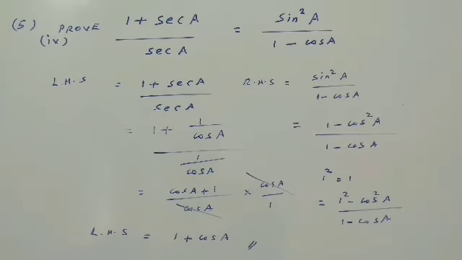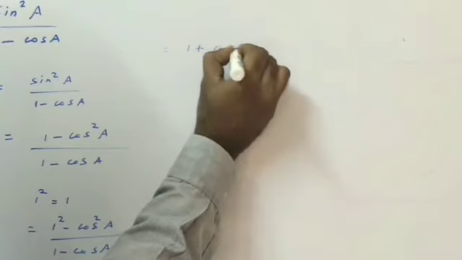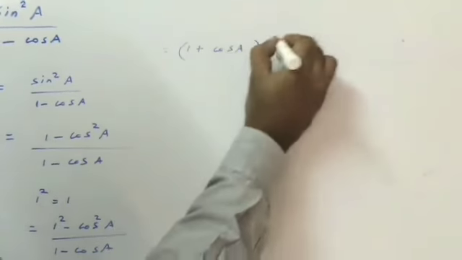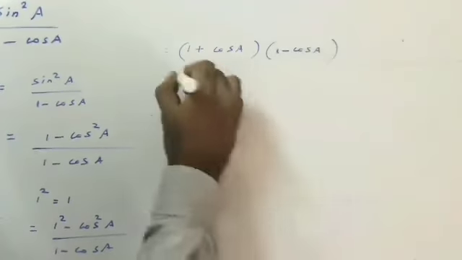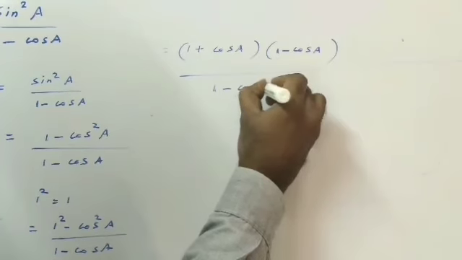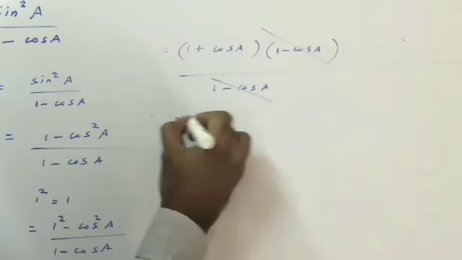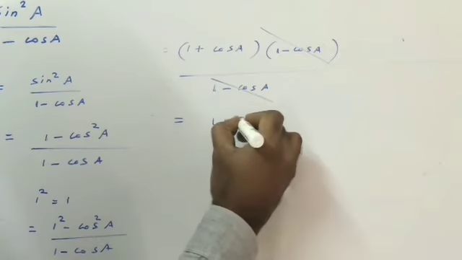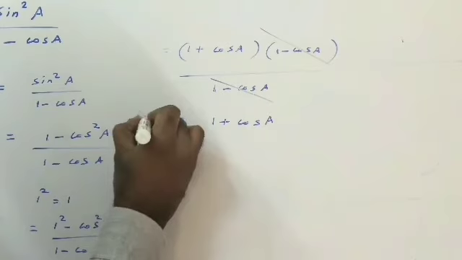So we can split it into A plus B into A minus B. A plus B, that is 1 plus cos A, into A minus B, 1 minus cos A. In the denominator we have 1 minus cos A. Now we can cancel 1 minus cos A and 1 minus cos A. The final answer is 1 plus cos A. This is the value of RHS.